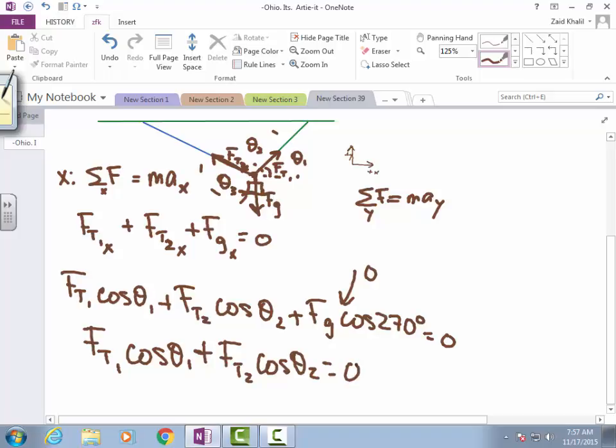By the way, does anybody have any questions about how I got ft1x is ft1 cosine theta 1? Anyone? All right, let me do this on the side. Let's draw the triangle. Here's ft1. Here's theta 1. Notice I can break up ft1 into two vectors, ft1x and ft1y.